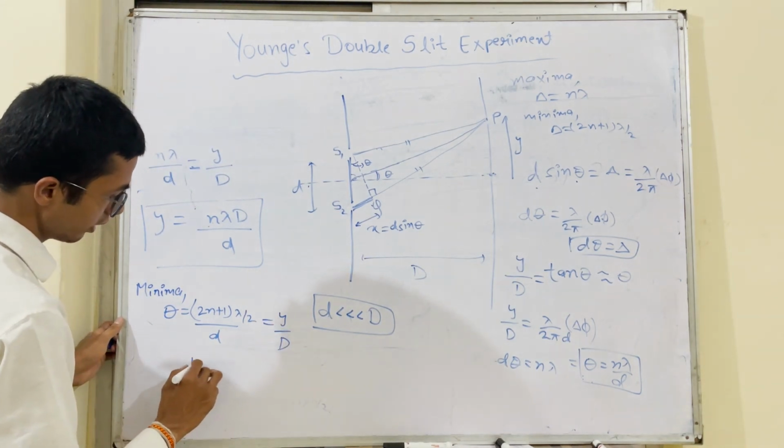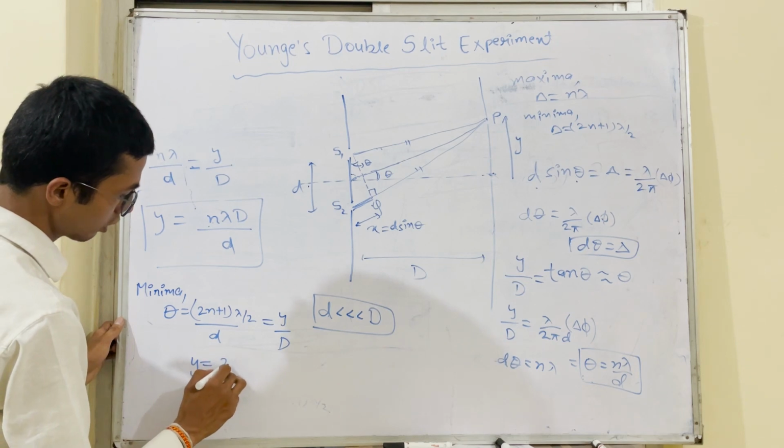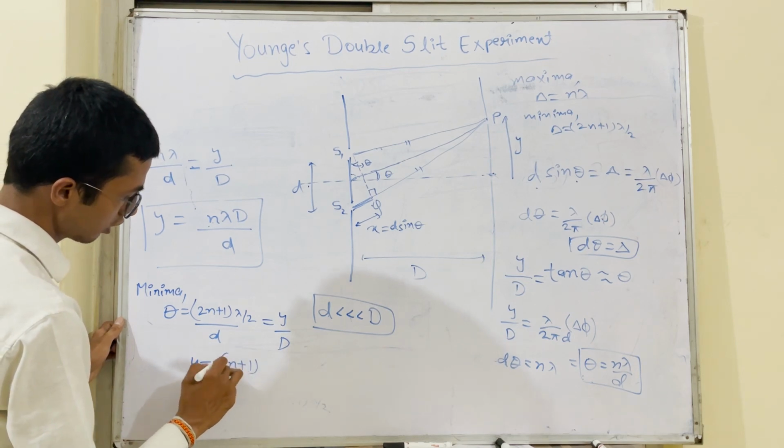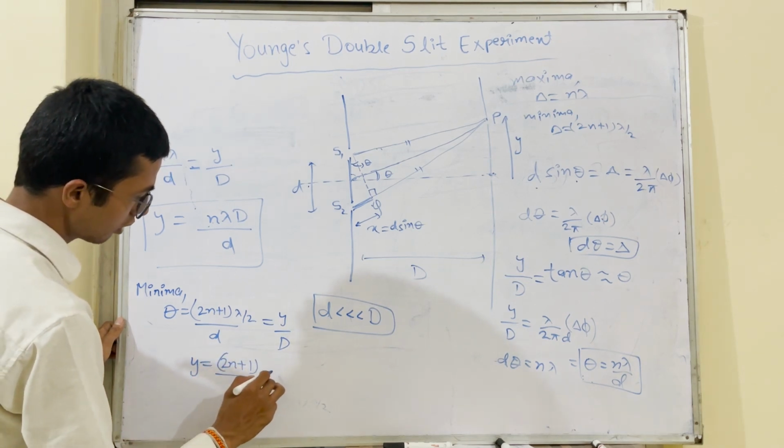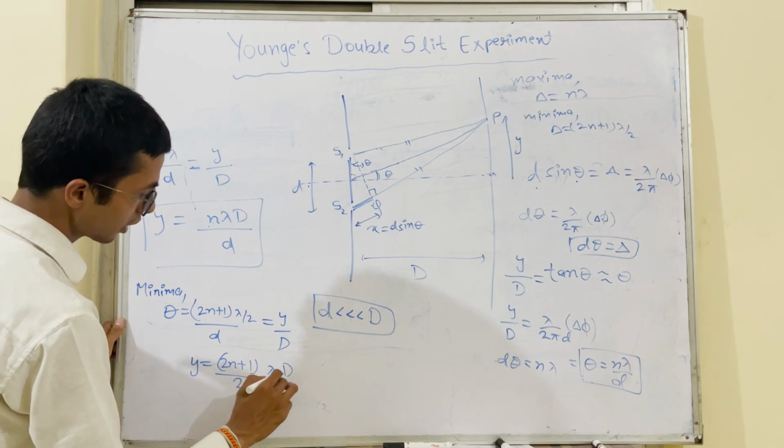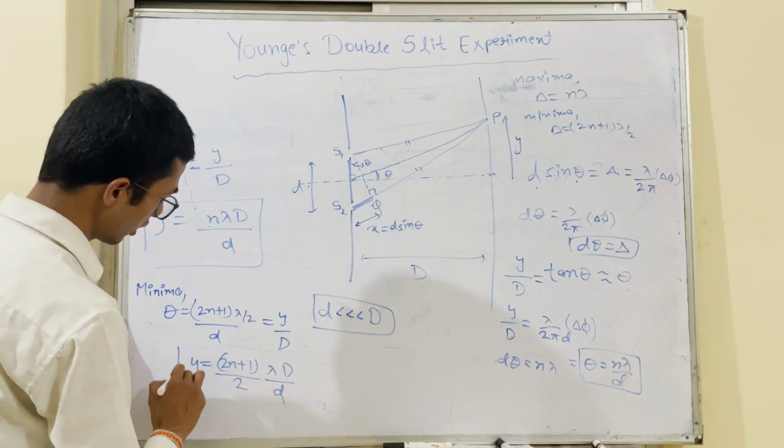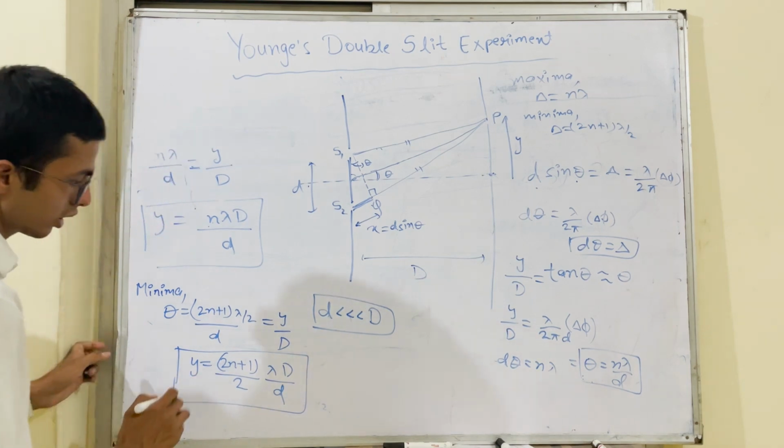So y will come as 2n plus 1 divided by 2 lambda capital D by small d. This is for dark fringe.